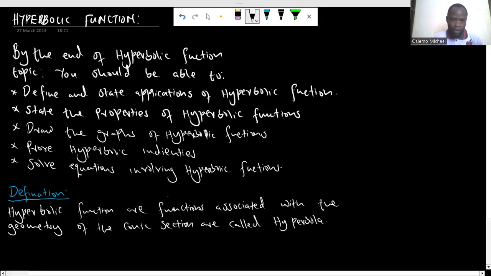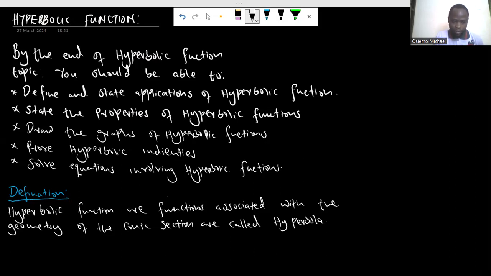So the functions which are associated with this geometry are what we call the hyperbolic functions.